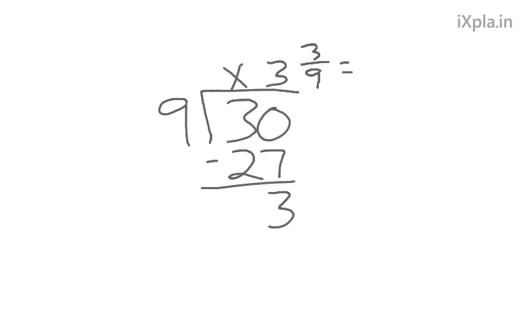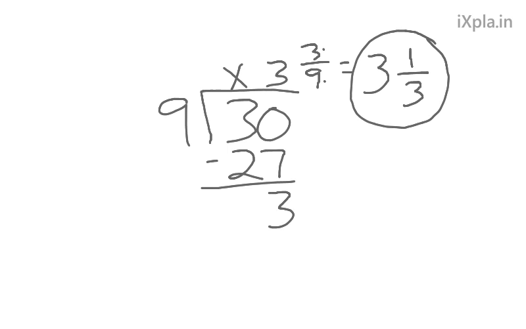Mr. Fitt always says he wants your answers reduced if possible, and this can be reduced. What goes into 3 and 9? 3 does. 3 goes into 3 one time. 3 goes into 9 3 times. And now we have our reduced fraction here. And our mixed number answer is going to be 3 and 1 over 3. 3 and 1/3.